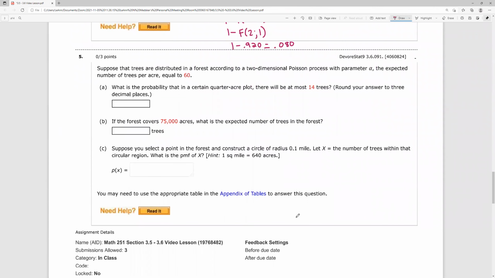Now, one of the things that we see a lot with Poisson is something called a Poisson process. Most of the time, and if you look in the textbook, most of the examples are like time intervals. One of the examples in the book was like, suppose pulses arrive at a counter at an average rate of 6 per minute. So then they have this parameter alpha called 6. And then you want to know what happens in a half-minute interval.